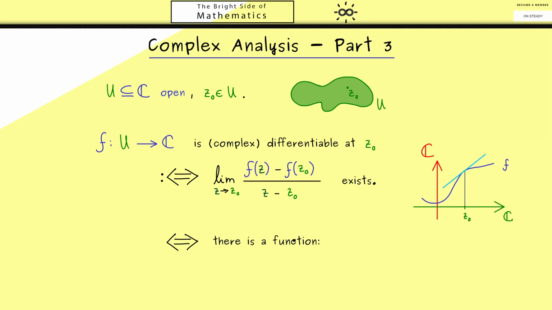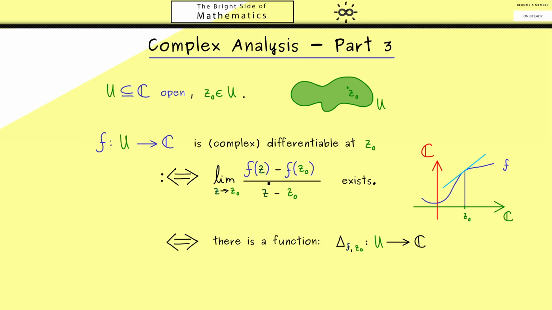So we get a statement that is equivalent to our definition of being differentiable at the point z0. Namely, we just have to give this expression a new name and we call it a function delta. And this delta gets an index where we write the function f and the point z0.